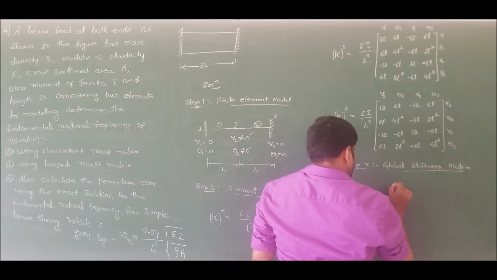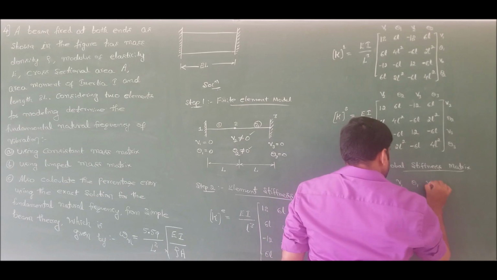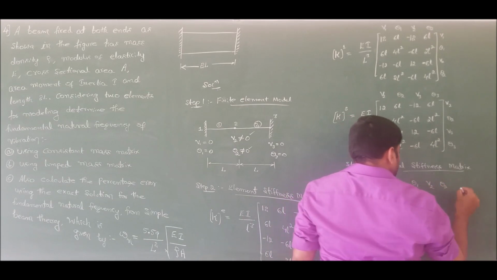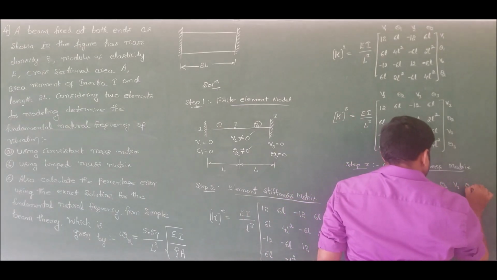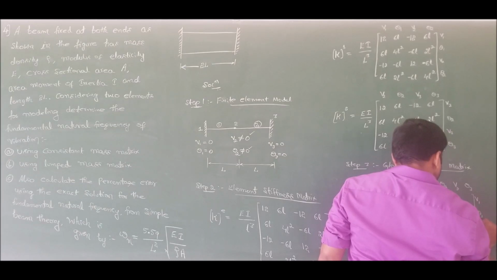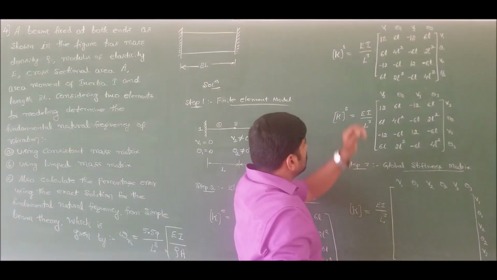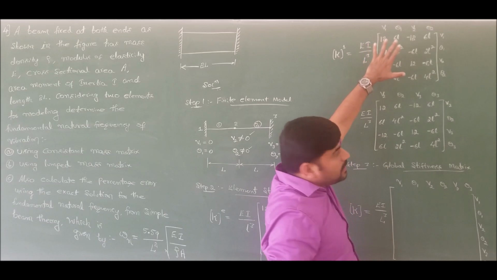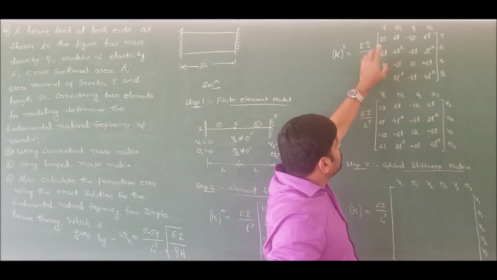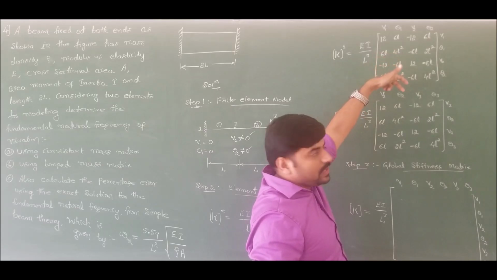The nodal variables are V1 theta 1, V2 theta 2, V3 theta 3, along the rows and also along the columns. Coming to element number 1, the whole matrix will fit in the order V1 theta 1, V2 theta 2 cross V1 theta 1, V2 theta 2.